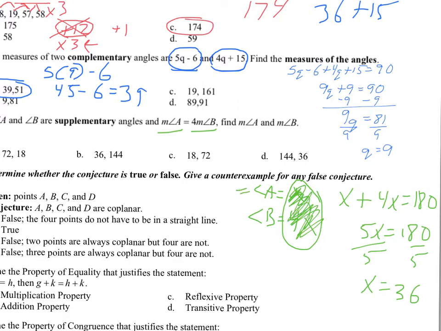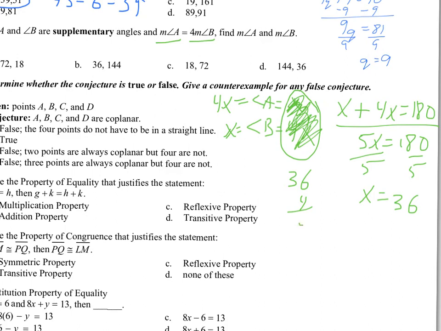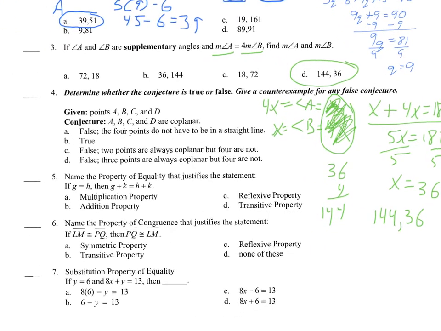Angle A is equal to 4x. Angle B is equal to x, because angle A is 4 times as large as angle B. So I apologize for that. But we still end up with the same equation. We get x equals 36, which means angle B is 36. And angle A is 4 times 36, which is 144. So A is 144, B is 36, which is answer D. Okay, sorry about that confusion. Hopefully I didn't confuse you too much.